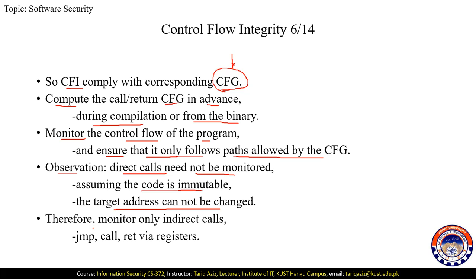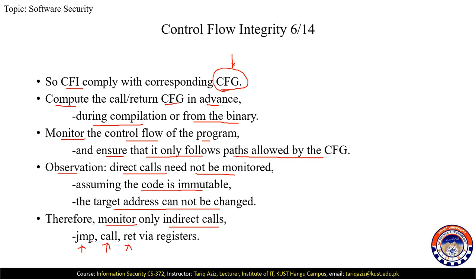We need this CFG to monitor only indirect calls: the calls with respect to jump instructions, because a jump instruction will interrupt the normal flow of control, the calls with respect to call instructions, and with respect to return instructions.